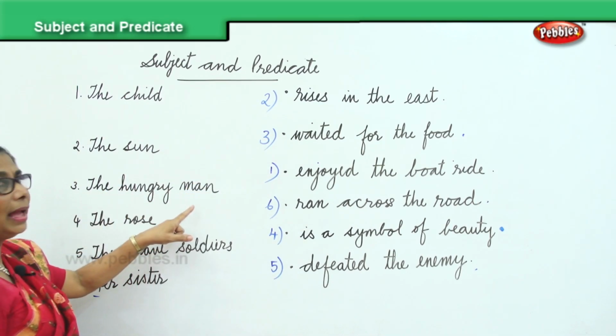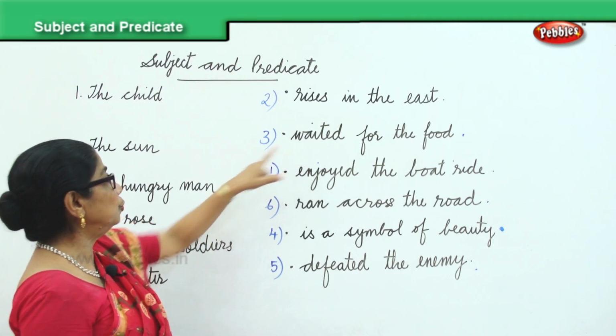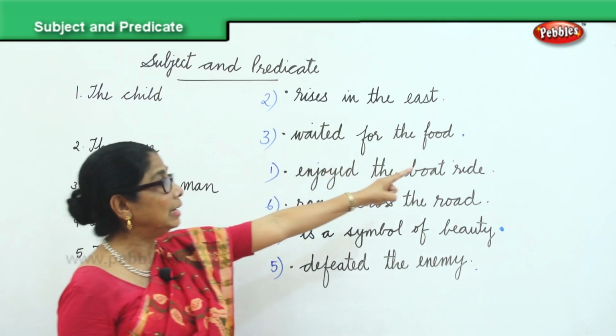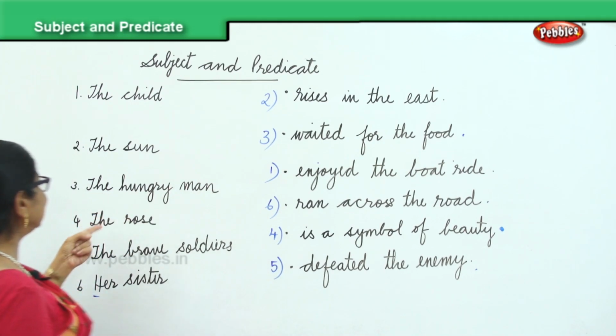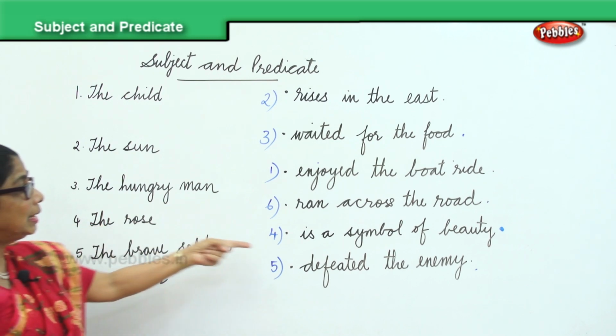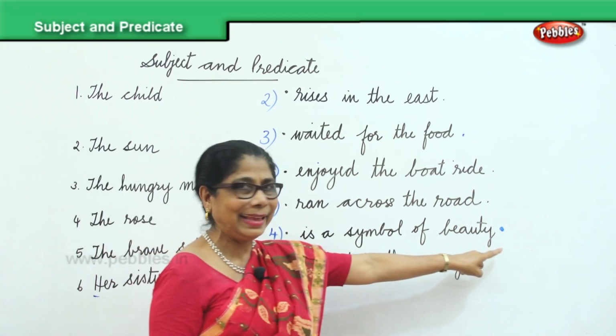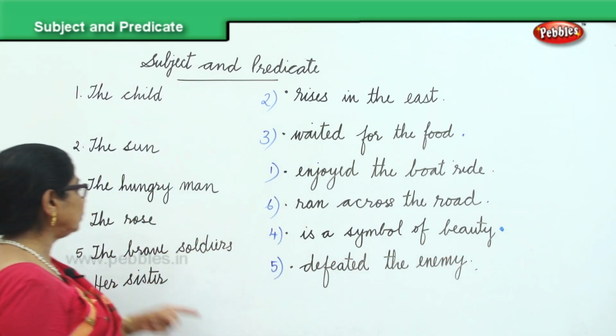The hungry man is the subject, waited for the food, begins with the capital letter, ends with the full stop, and that's it. Next one, the rose. The rose is the subject, here is the predicate. The rose is a symbol of beauty, begins with the capital letter, ends with the full stop.